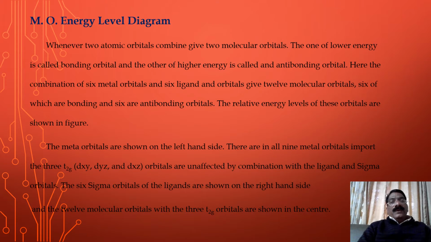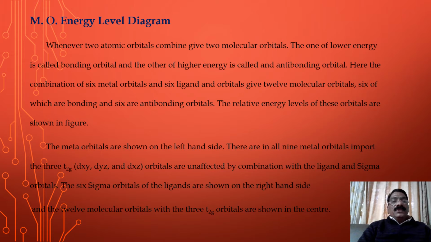Whenever two atomic orbitals combine to give two molecular orbitals, the one of lower energy is called the bonding orbital and the other of higher energy is called the antibonding orbital.